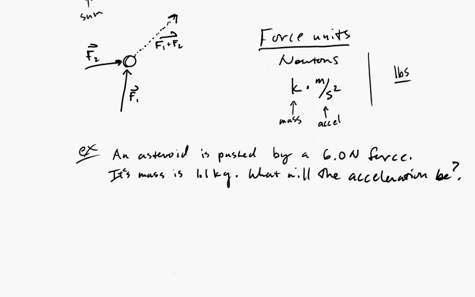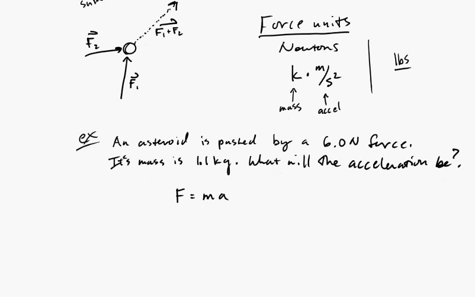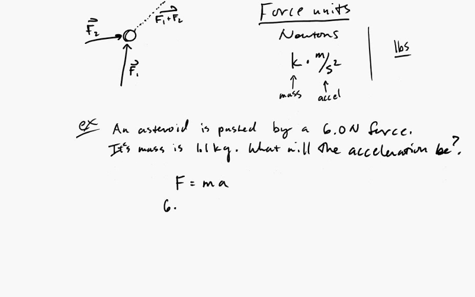Okay, an asteroid is pushed by a 6 Newton force. Its mass is 1.1 kilograms. What will the acceleration be? Okay, so we'll just use force equals ma. We know that the force here is 6.0 and that the mass is 1.1, and we're trying to find a. So it's pretty straightforward.